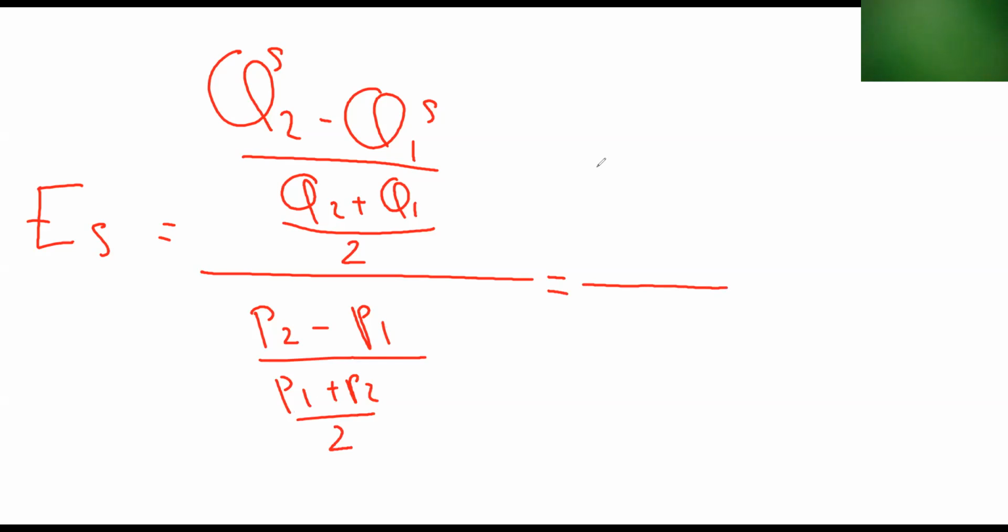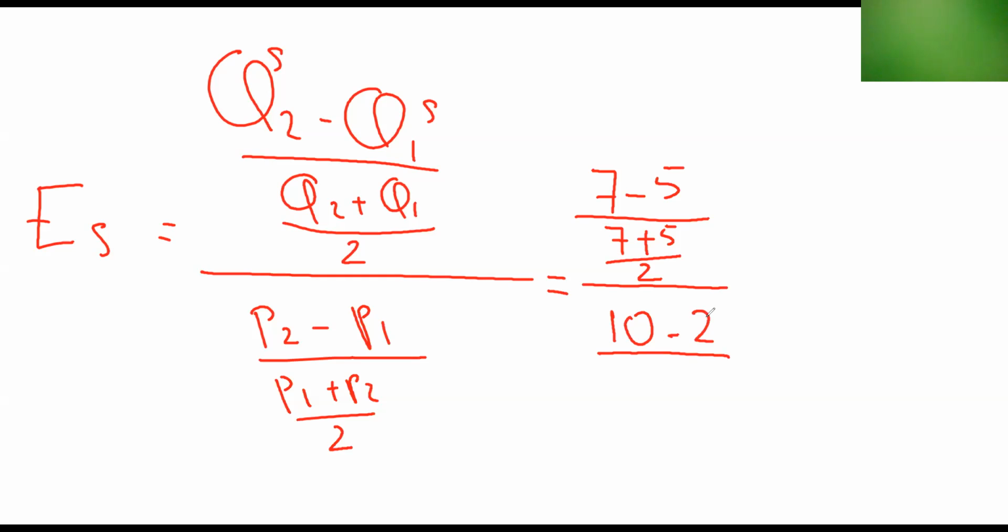So I have 7 minus 5 divided by 7 plus 5 divided by 2. I should do the same thing for my prices. I have a price of $2 and $10. So 10 minus 2 is the change between these two. Then I'm going to add them up, and I'm going to divide them by 2.